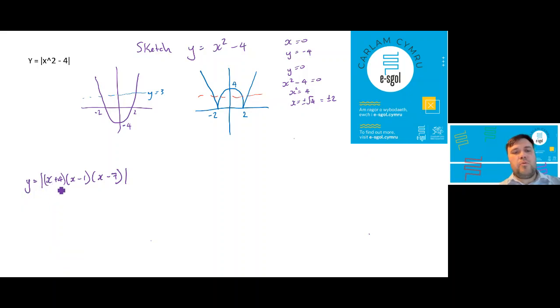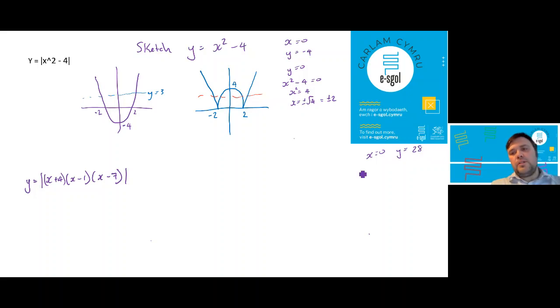So it'd be 0 plus 4, 0 minus 1, and 0 minus 7. So it's going to be minus 4, because 4 times minus 1 is minus 4, times minus 7. So it's going to give you plus 28. So when x is equal to 0, y is going to give you 28.